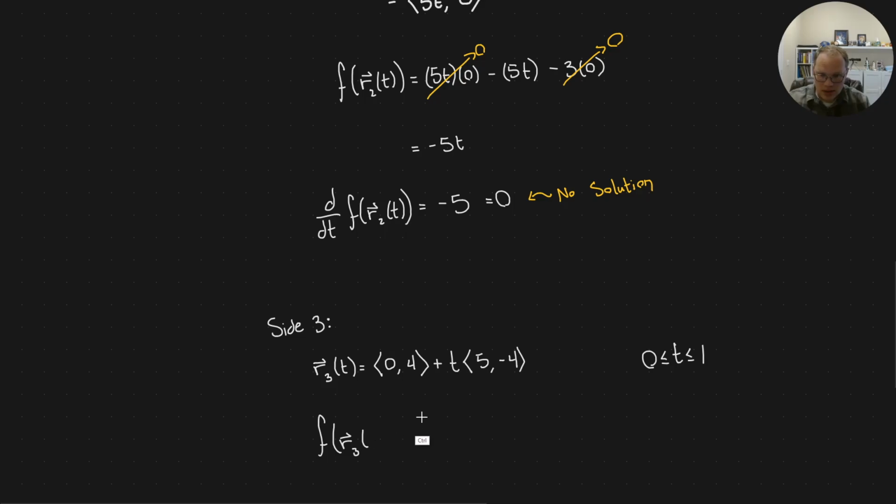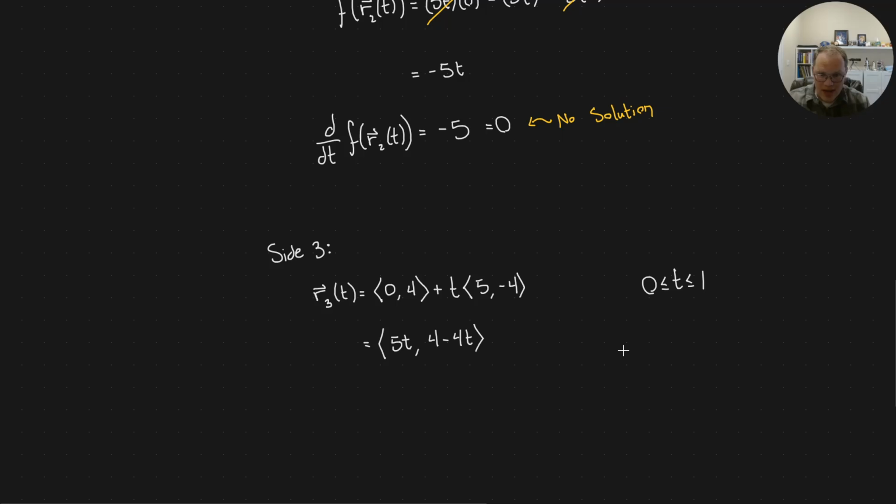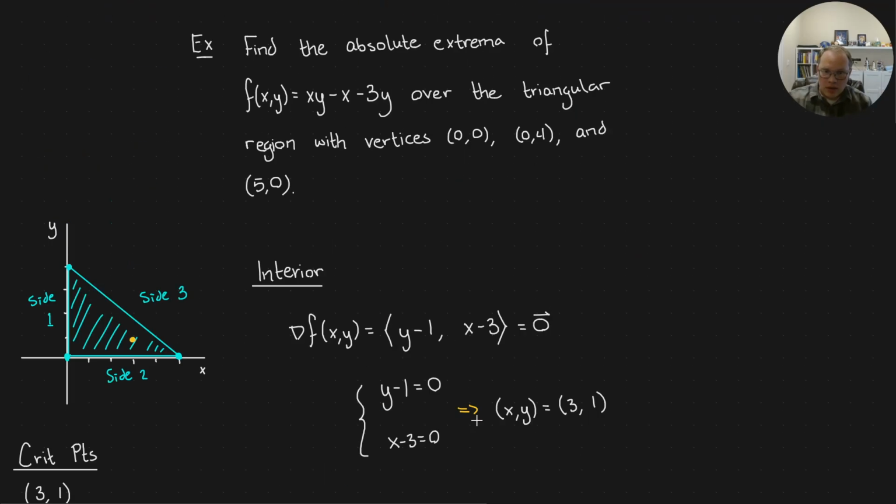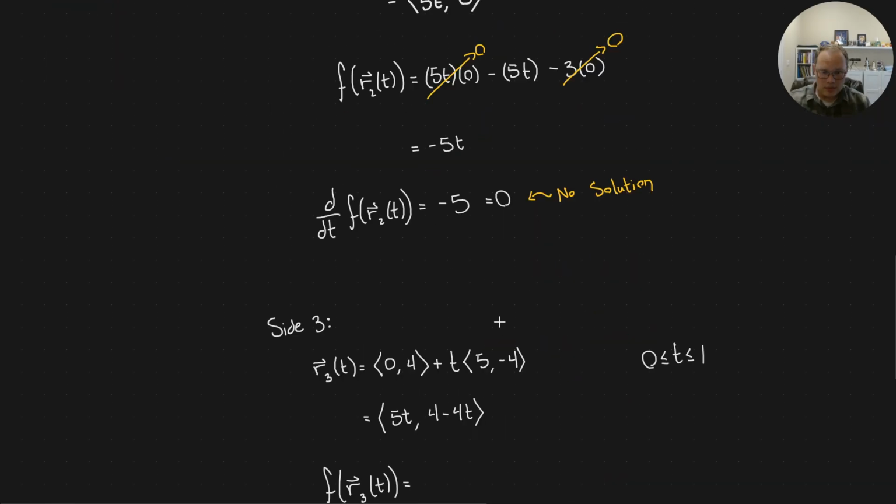Okay, so I'm going to plug this into my function. Let's simplify my function here first. So I get 0 plus 5t in the first component and 4 plus negative 4t in the second component. So that'll be the x and y I plug in. So f of r3(t), so that I can look at the function value along that third side. The function again is xy minus x minus 3y.